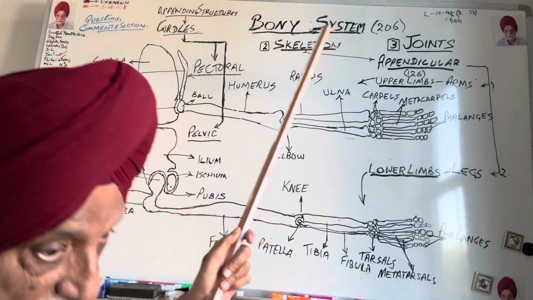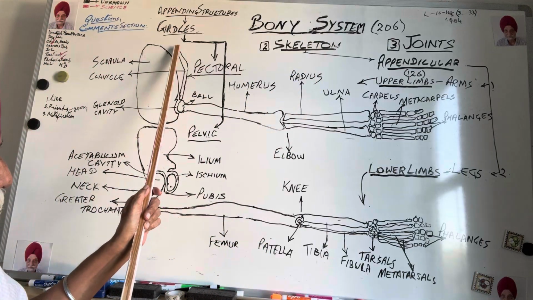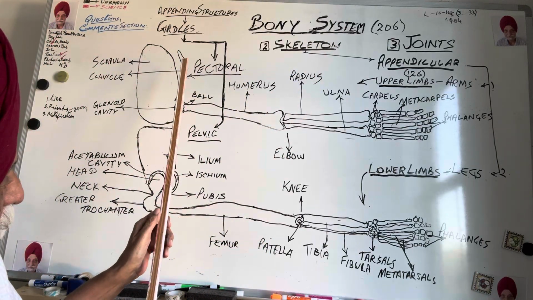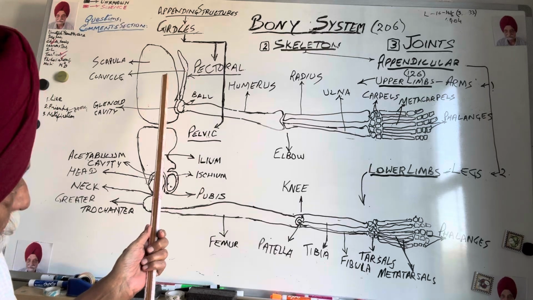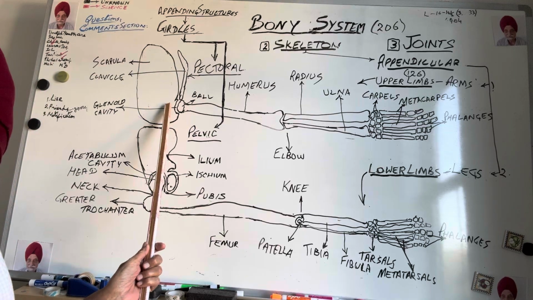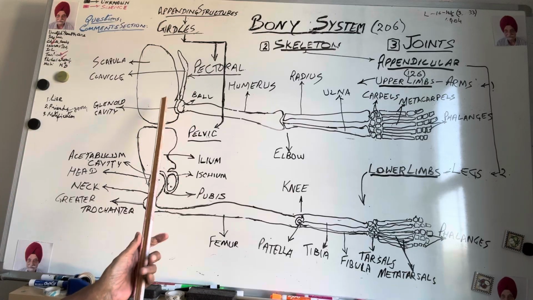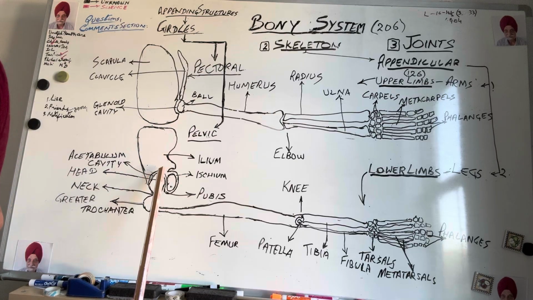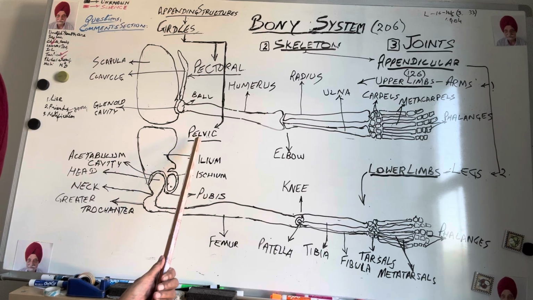The upper limb or the arm is joined with the axial skeleton by means of the pectoral girdle, and the lower limb is joined with the axial skeleton by means of the pelvic girdle.